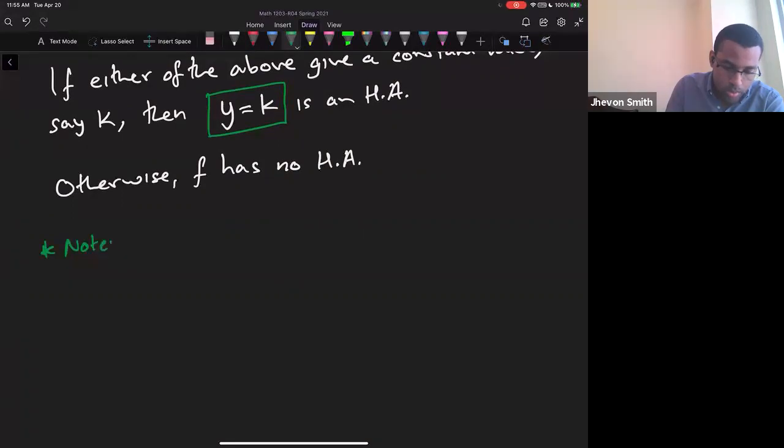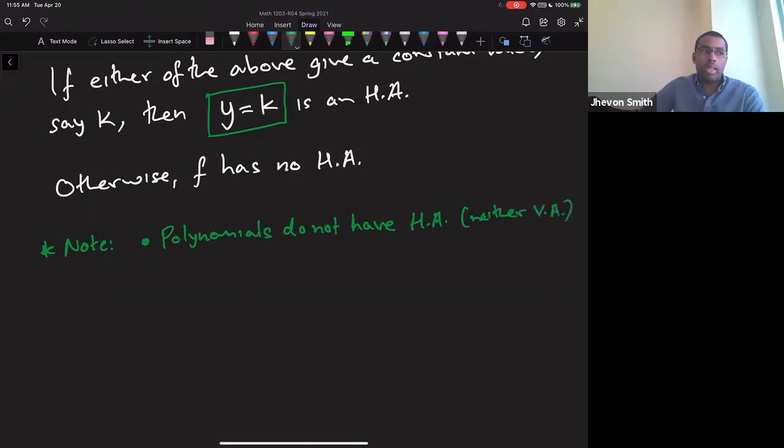Note. Polynomials do not have HA. Neither VA, by the way, but we'll get there. Haven't told you what those guys are. Right. So polynomials don't have horizontal or vertical asymptotes unless they're lines.